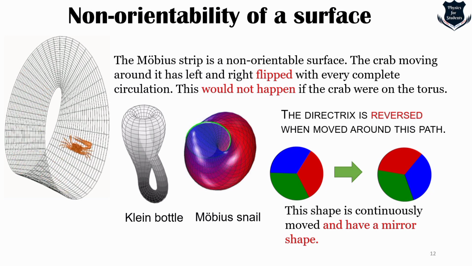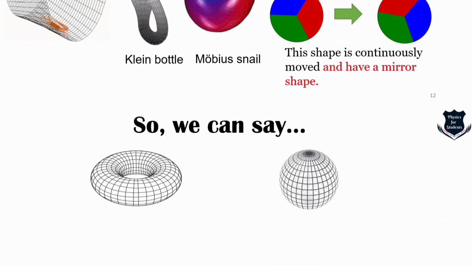You see the green and the blue have taken a mirror shape. This is a very important concept of topology: on an orientable surface, when we move around, nothing flips. But when I move around a non-orientable surface, a Mobius strip, a Klein bottle, or another one called the projective plane, the entire directrix is reversed.